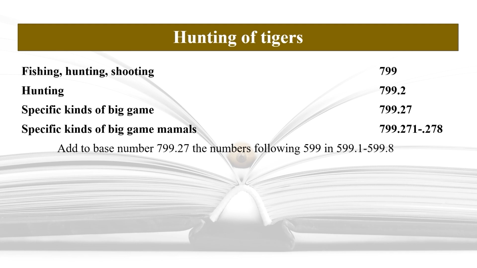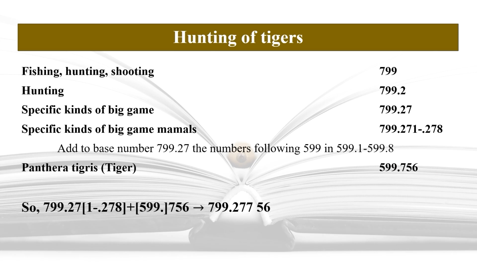We have already mentioned that the tiger is under zoology, so it will refer us to the particular part of zoology, precisely under mammals. So Panthera tigris, the scientific name for tiger, is 599.756, which is in between 599.1 to 599.8. Okay, so the synthesis will be something like that.